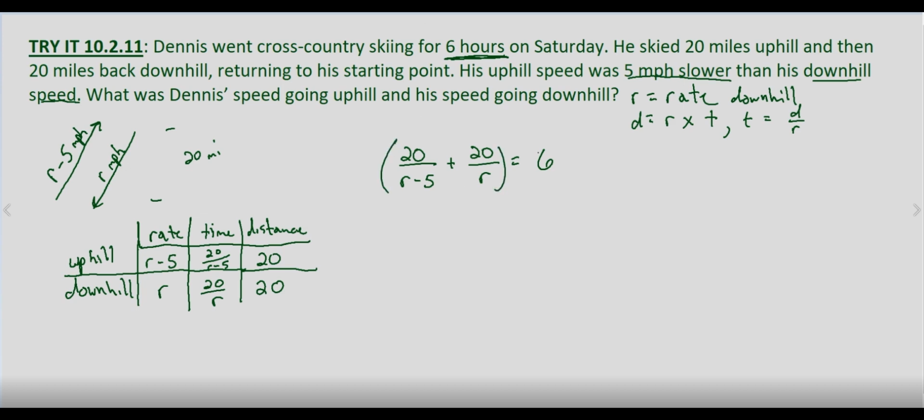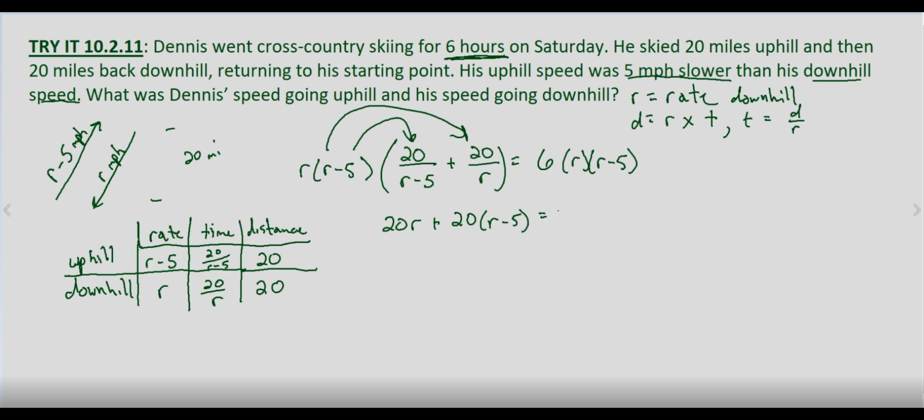Multiply both sides by the least common denominator, which in this case is going to be R times R minus 5. When we distribute this, with the first term, the R minus 5 is going to cancel, and we're just left with 20R. With the second term, the R is going to cancel, so we're going to have 20 times R minus 5.